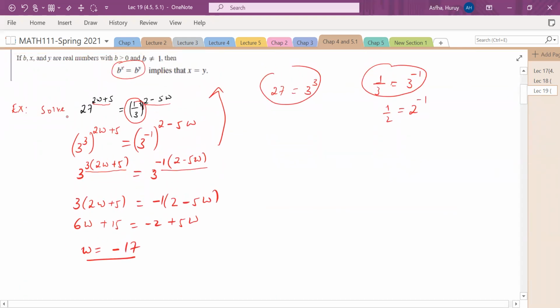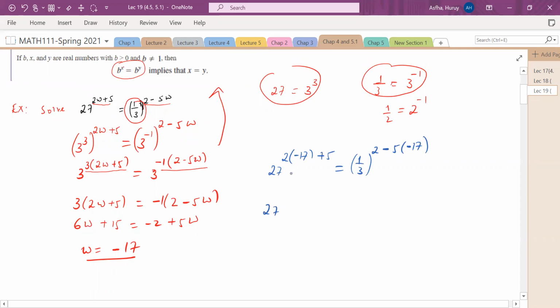The question is, does this satisfy the original equation? Is this really a solution? Let's see. We can substitute it in and check if the two sides are equal. So we have 27 to the power of 2w, which is negative 17, plus 5, equals 1/3 to the power of 2 minus 5 times negative 17.